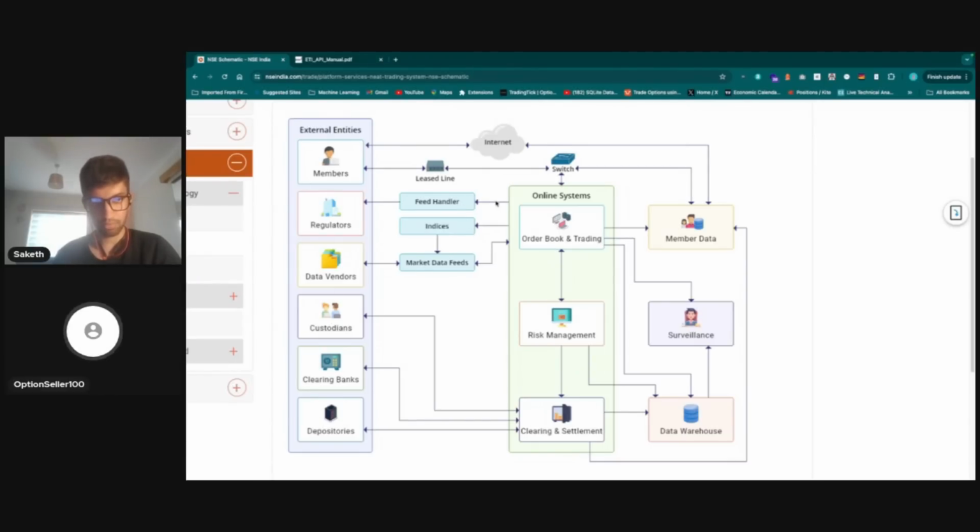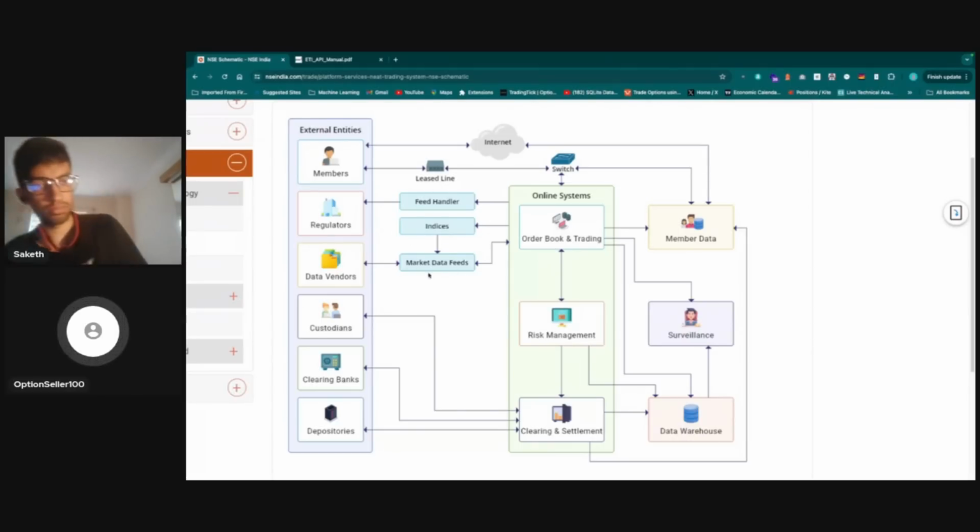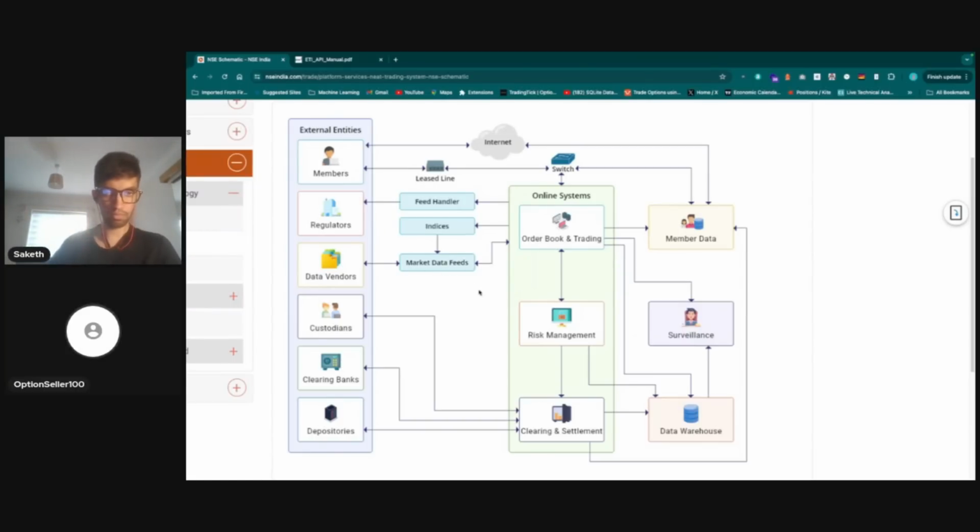Again, this is basically the technology aspect, how the data feed is happening. A data feed can happen through WebSockets or APIs, but mostly in this case it could even be an ETL kind of thing. We do not know what technology is being used. And when I say member data, it could be broker data and also traders and investors data here.